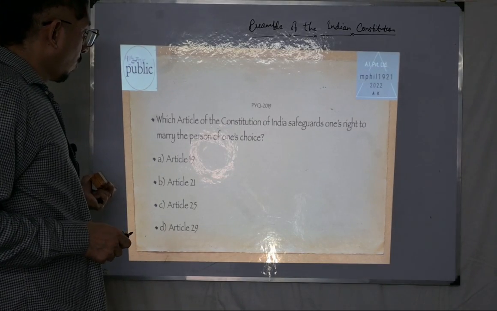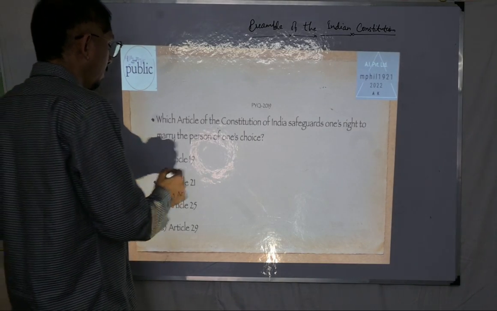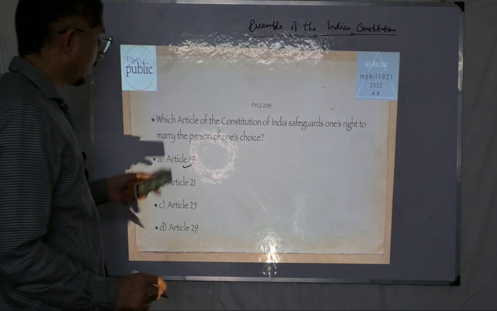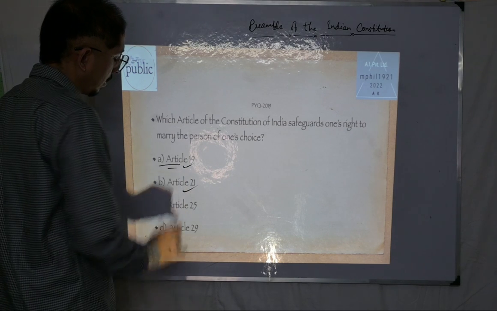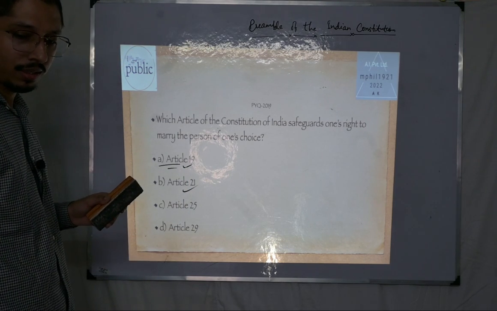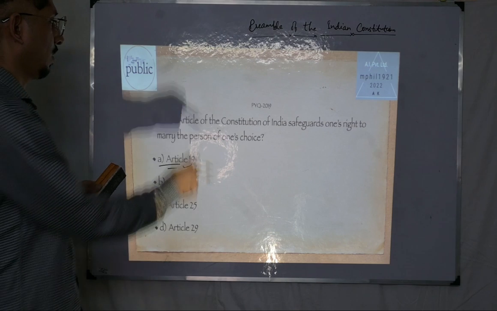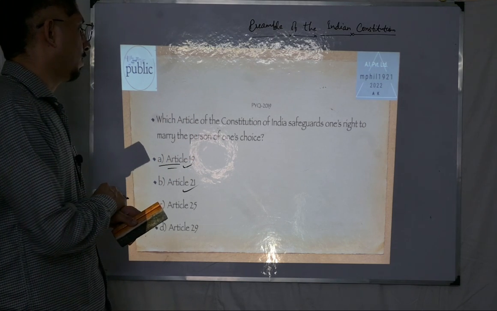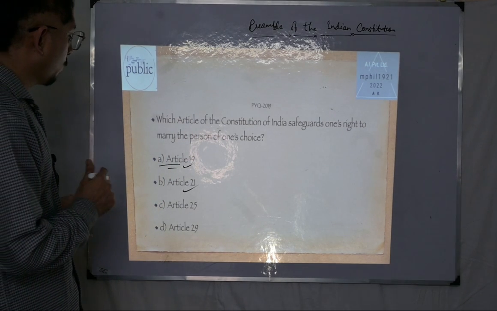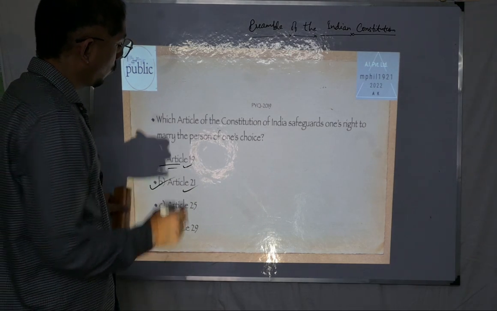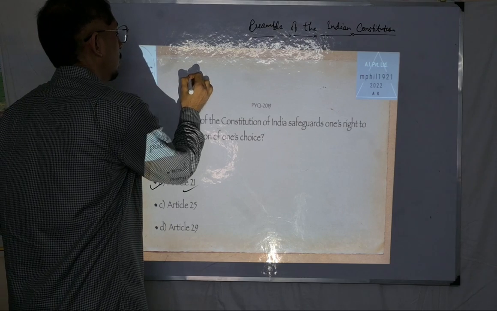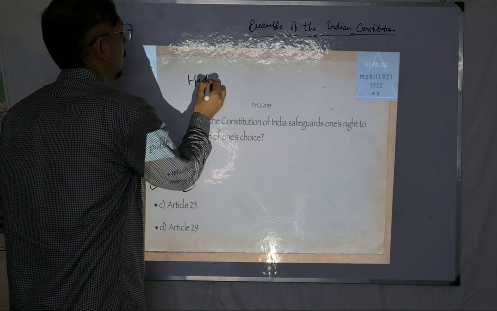Although it's totally confusing, there are judgments which say that both Article 19 as well as Article 21 talk about one's right to marry the person of one's choice. However, UPSC has given this answer key, and the explanation goes with the help of the Hadia case.